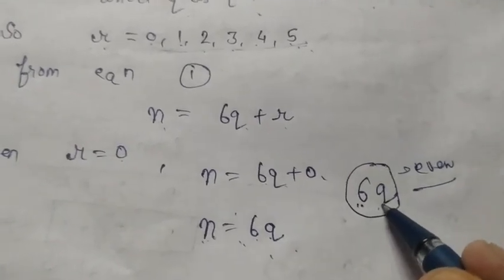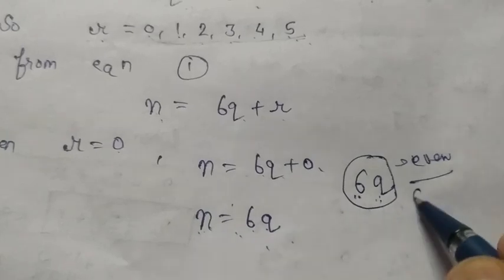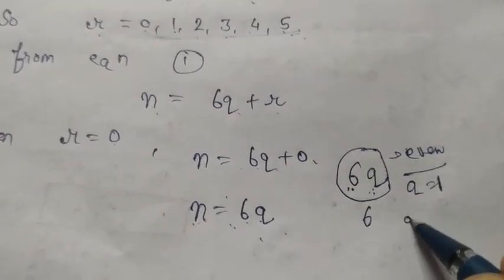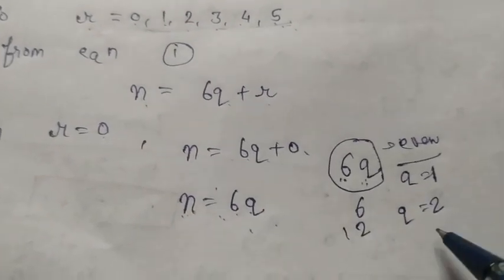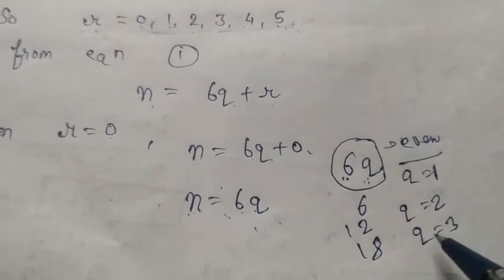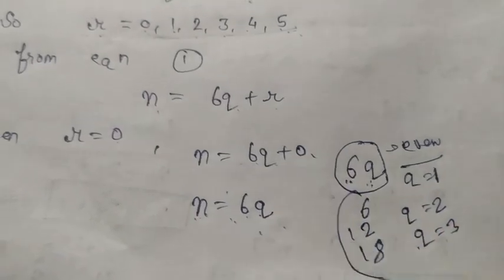The value of q is a positive integer. So when you take q equal to 1, you get 6. When you put q equal to 2, you get 12. When you put q equal to 3, you get 18. So whatever value of q you put, you will always get an even number.